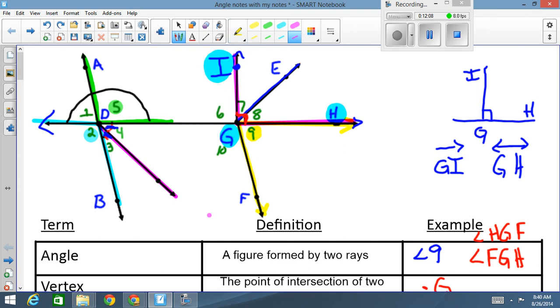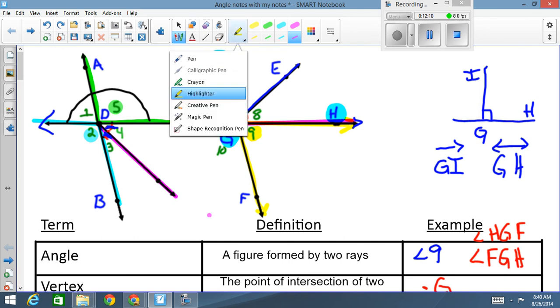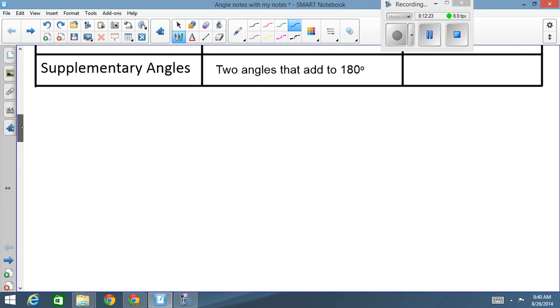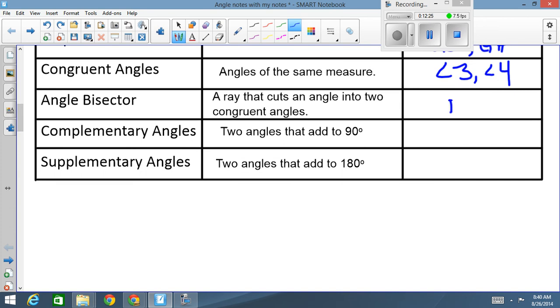So the actual angle bisector, once again, looks like I need another letter here in order to name this thing. Let's put a J here. We'll call that ray DJ, because the endpoint is D and I go through J. So in this case, that ray is DJ going that way.